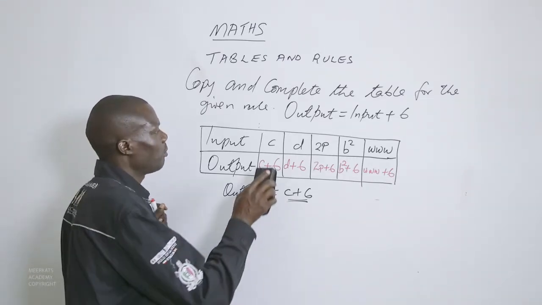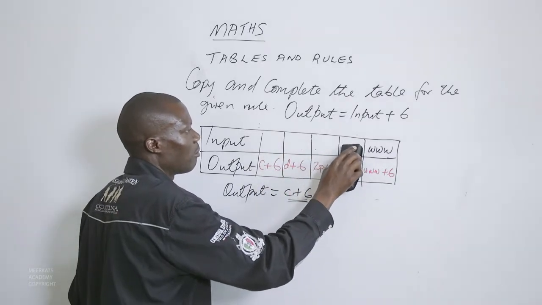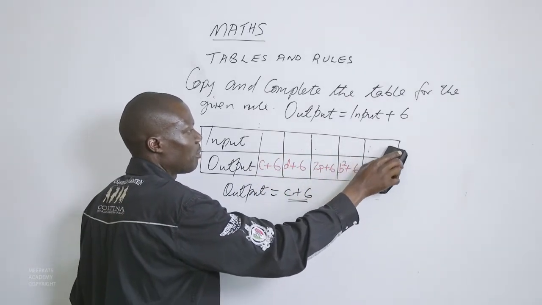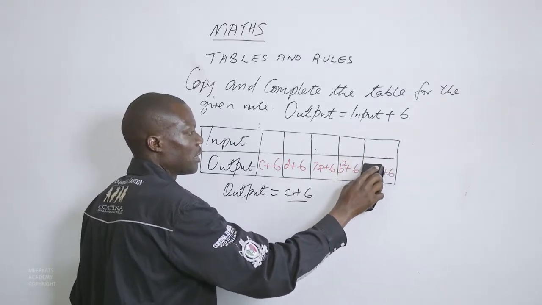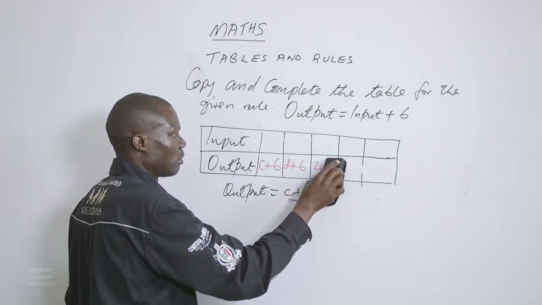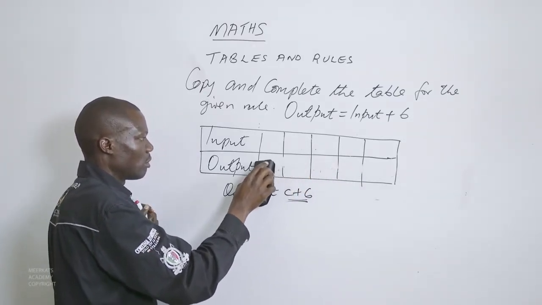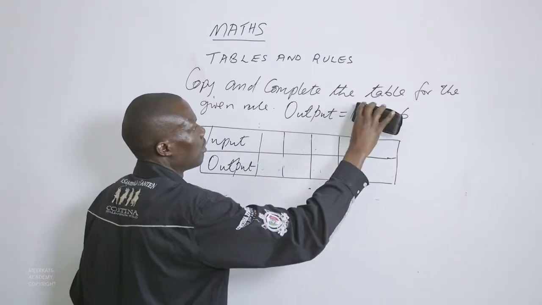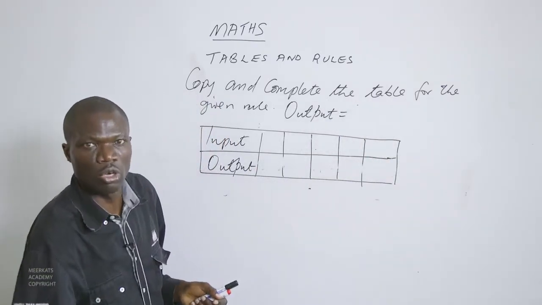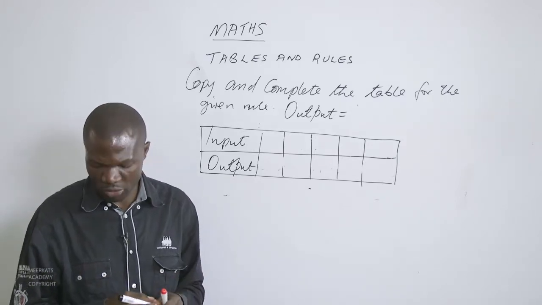For the last example here, again we are going to look at these values, but with a multiplication or a product of letters. Now the rule has changed. We want to look at an example where we shall have multiplication also.